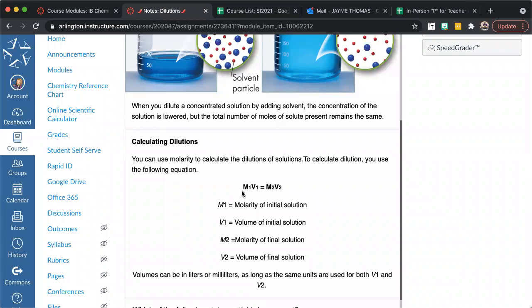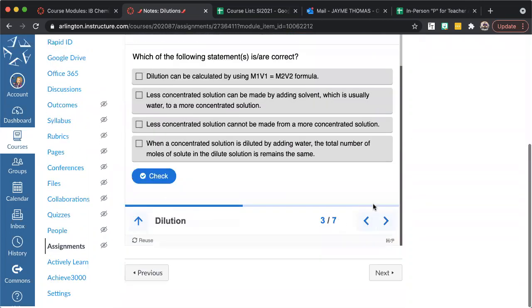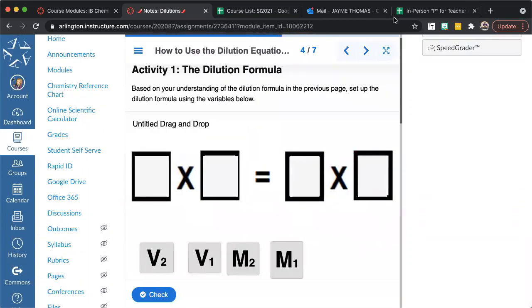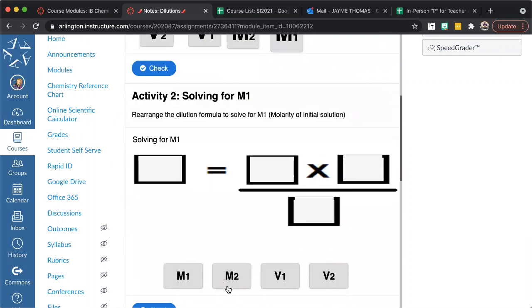Just like in math, whatever you do to one side of the equation, you do to the other. So both sides are going to get divided by V1. V1 is going to move over and be down in the denominator on this other side. On this next part, I know I'm solving for M1, so I'm going to put M1 over here.